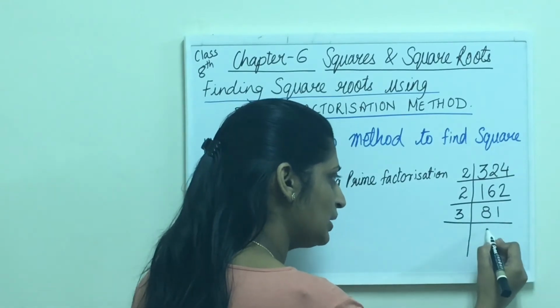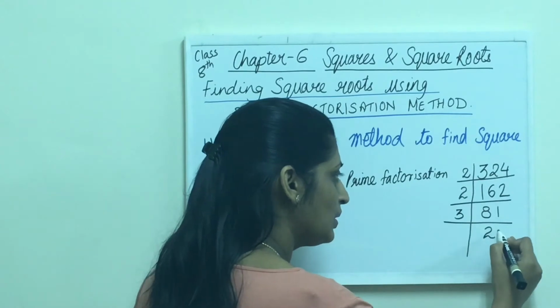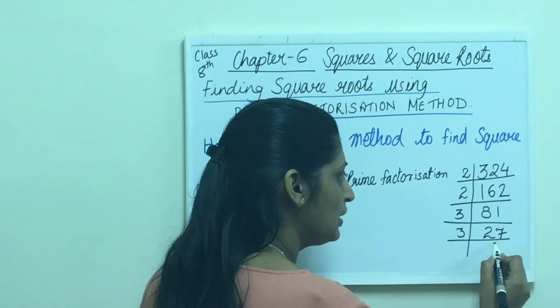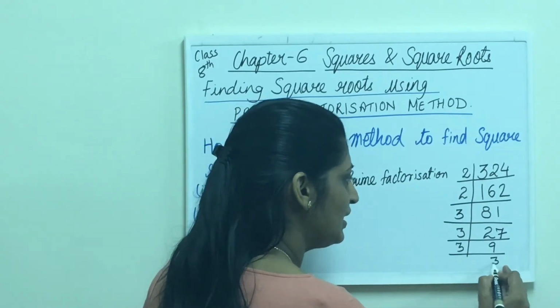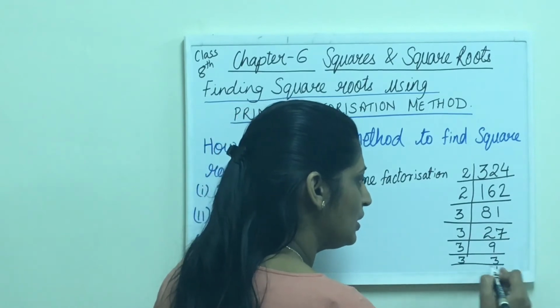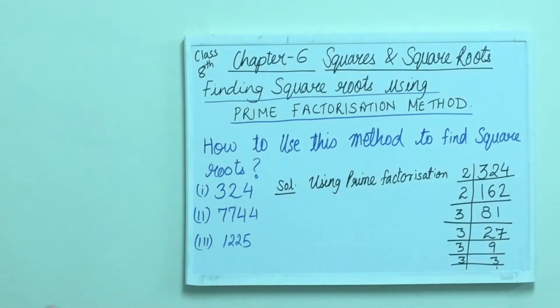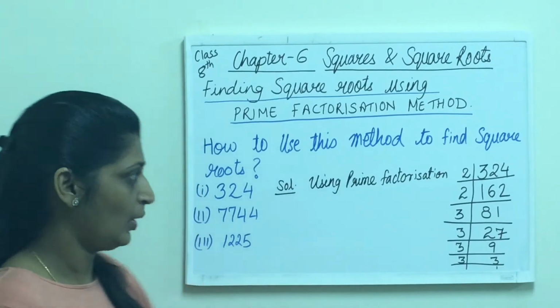Again by 3, this. Again by 3, this, again by 3, this, again by 3, this. Right? So, on one part of my page, I have done the prime factorization of 324.